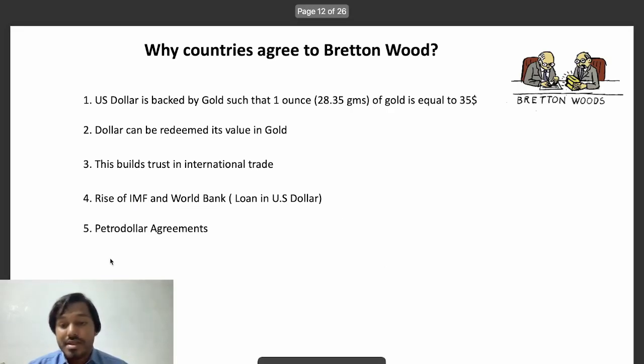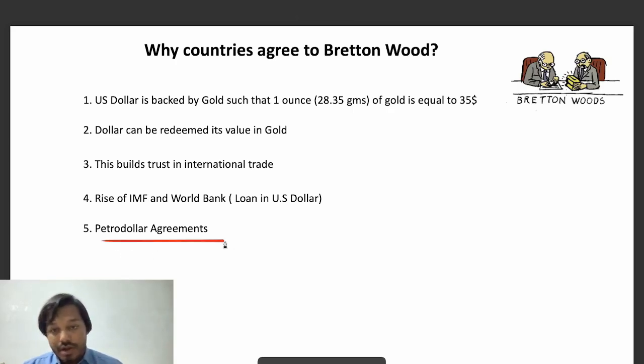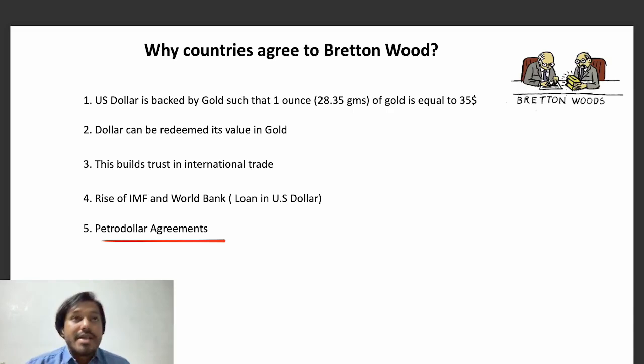And the fifth point is the petrodollar agreement. The petrodollar agreement is basically that Saudi Arabia has the major oil reserves around the world, and America was the biggest ally of Saudi Arabia back then.